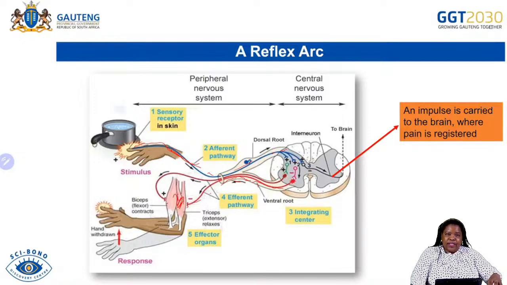Then the impulses are going to be transmitted to the central nervous system, where the sensory neuron is connected to the motor neuron by the interneuron. Through that pathway, the impulses are sent to the effector muscles. Then you're going to withdraw your hand.